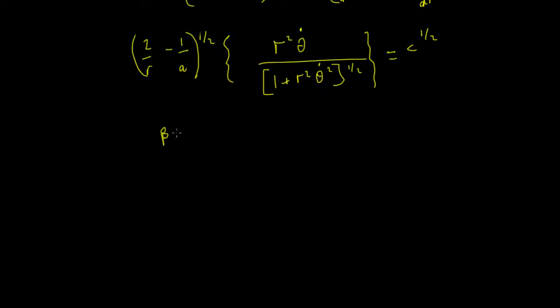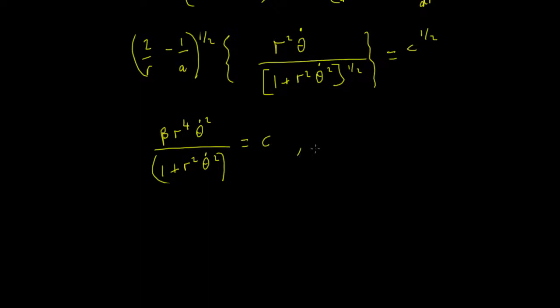So you end up with beta times r to the 4 times theta derivative squared all upon 1 plus r squared theta dot squared. Now the power of half has disappeared, and that's going to equal some constant c.